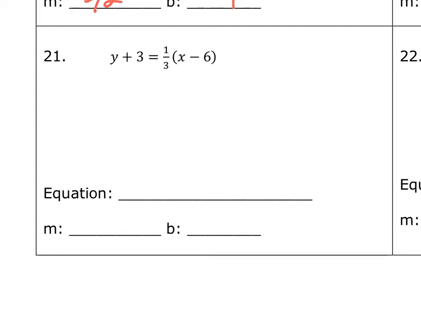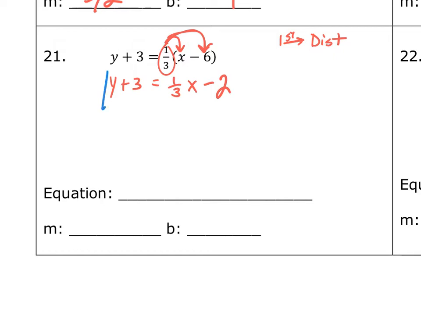All right, now this one is different. Whenever I have a point slope form, then I know that I need to first distribute. So first I'm going to distribute. So I have y plus 3 equals 1/3 x, and then 1/3 times negative 6 is going to give me a negative 2.